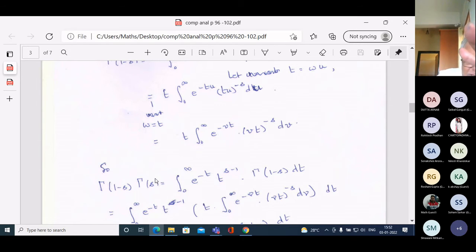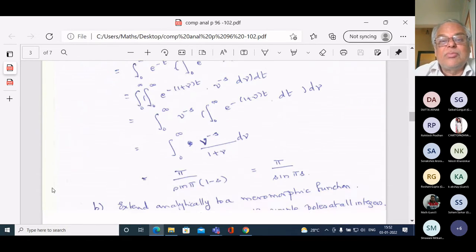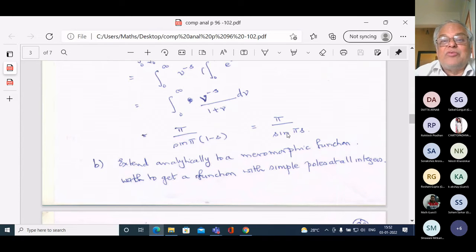I hope you understand that this is very elementary. All it involves is a change of variables, and then interchanging two integrals. So you get gamma s into gamma 1 minus s is pi over sine pi s.